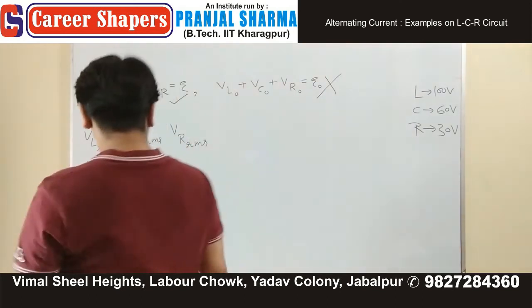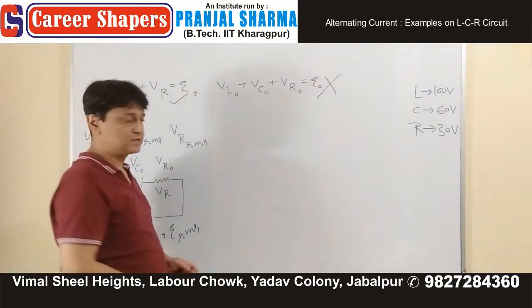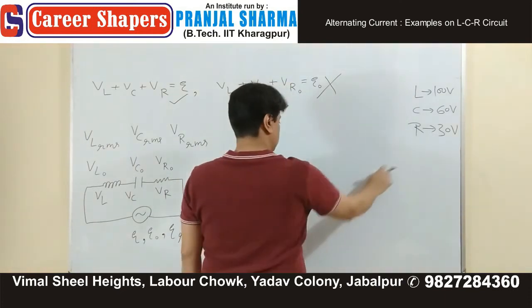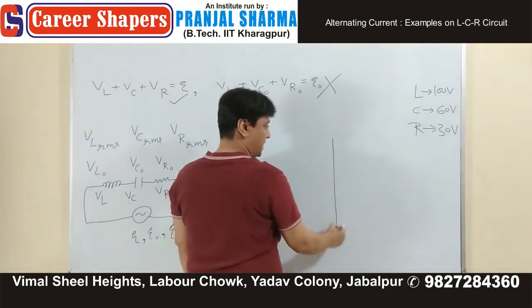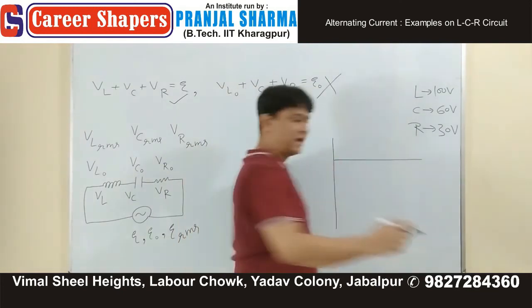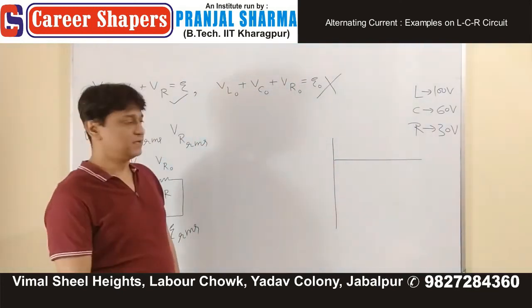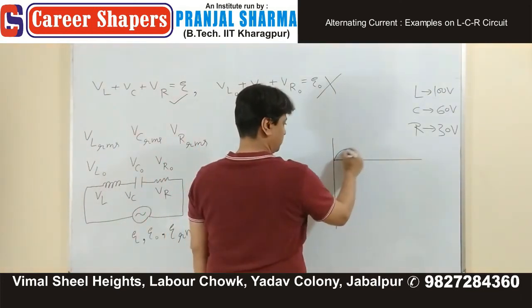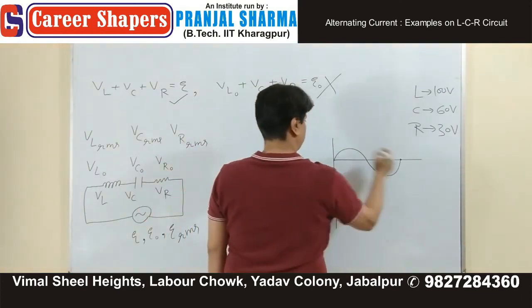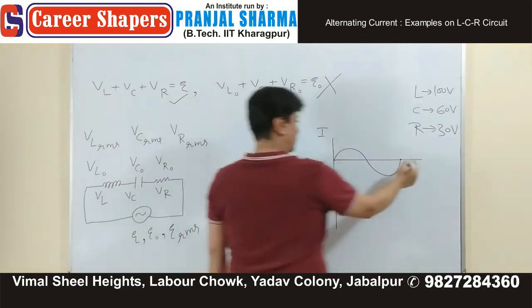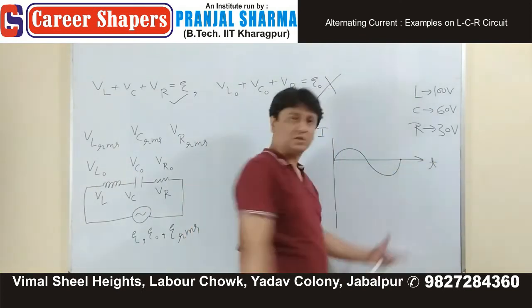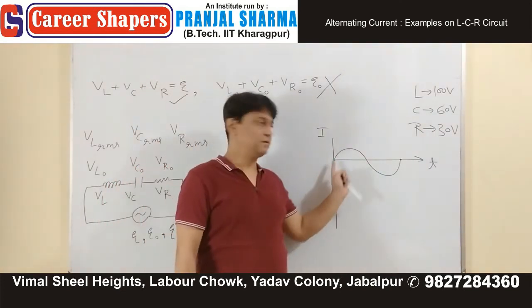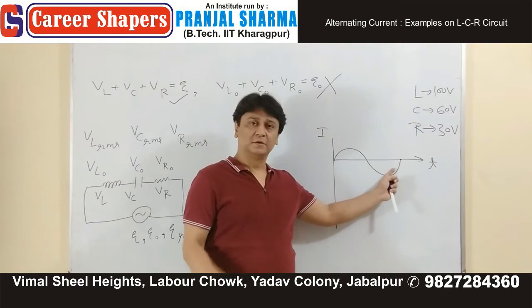I'll try to help you this way if you can understand this. Just for the time being, to keep everything easy, suppose this is the graph of I. Not for this question, I'm just giving you an idea. So I've taken I as a function of sine theta.